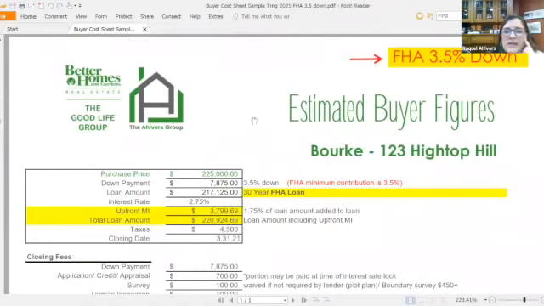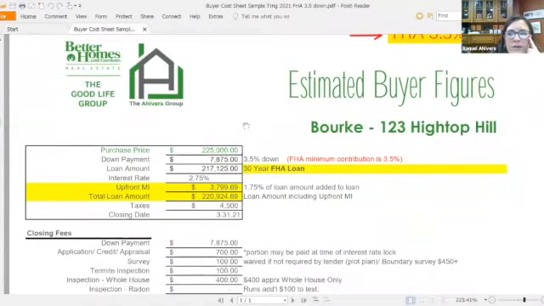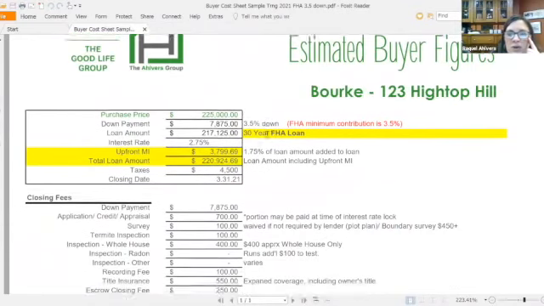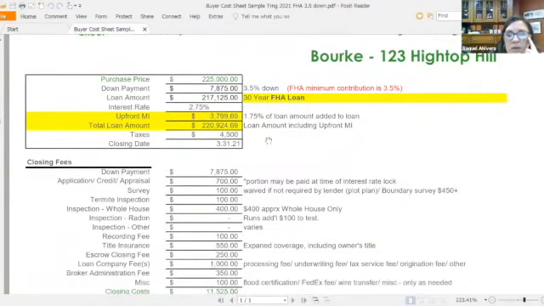Okay, can you guys see this right here? This says FHA loan. I know we're kind of getting close on time here, but when you're doing an FHA loan, the biggest thing you're going to run into is your buyer is going to have an upfront mortgage insurance, which is 1.75% of the loan.